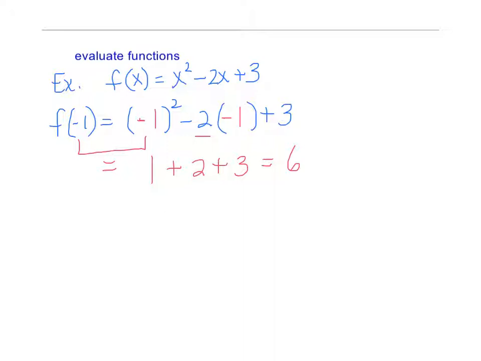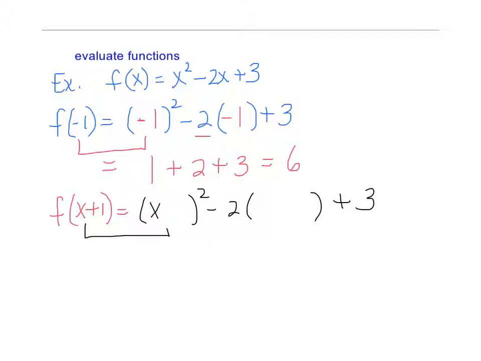And so that's all you're doing. If I wanted to put in f of x plus 1 to the same function, then I would have x squared minus 2x plus 3. That's my shell, right? And then I'm going to take this and put this inside: x plus 1, and then plus 3. Now I could multiply this out pretty easily. The x plus 1 quantity squared would look like this.